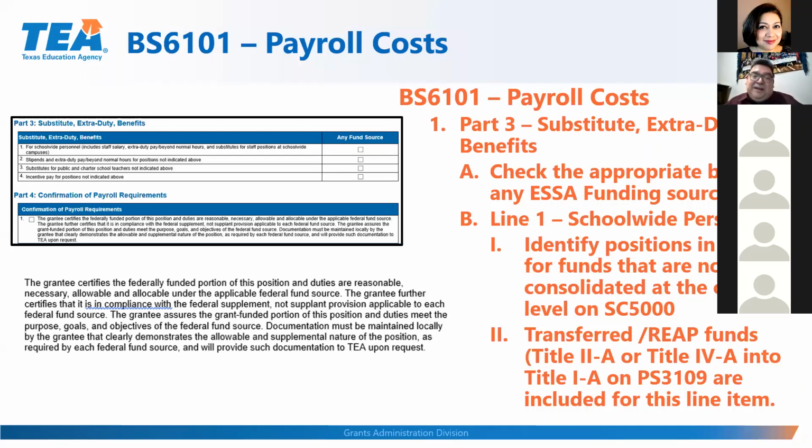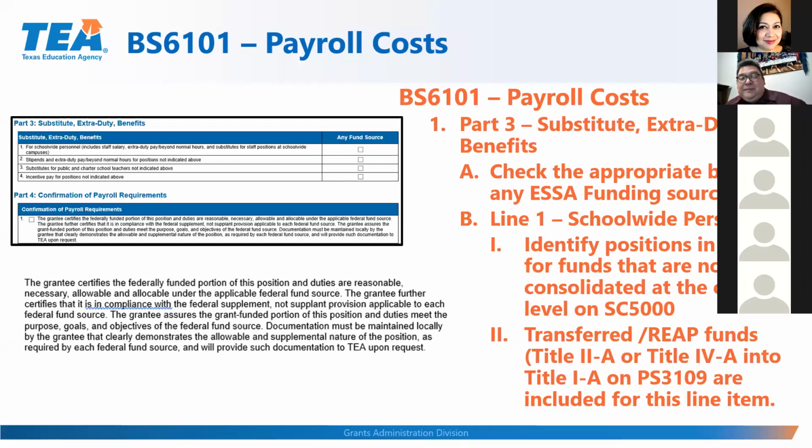This checkbox covers all personnel at that school-wide campus. That includes paraprofessionals, professionals, any staff member that's at that campus. If they're being paid out of Title I Part A, you can check this box, and you're not required to check them on Part 2C under campus staff.